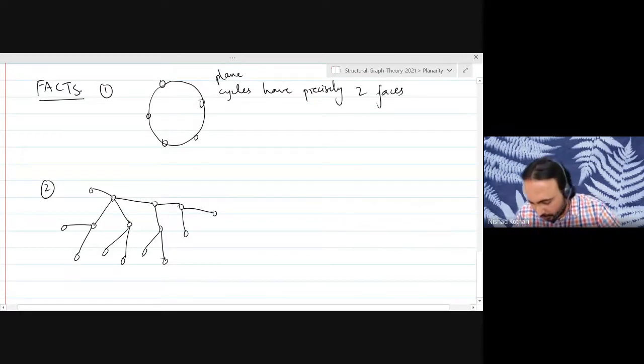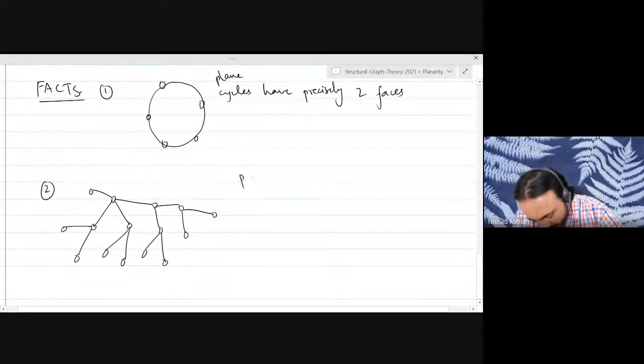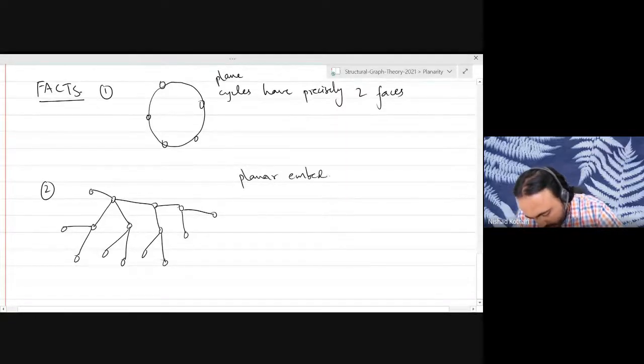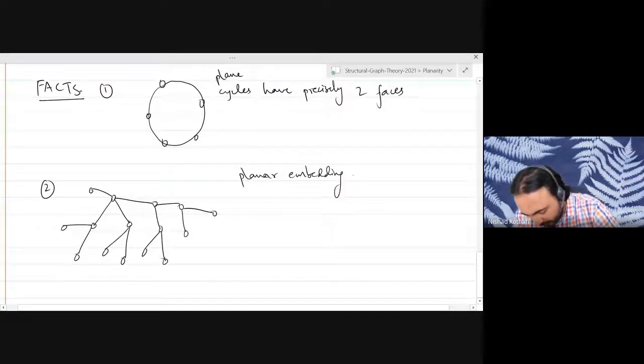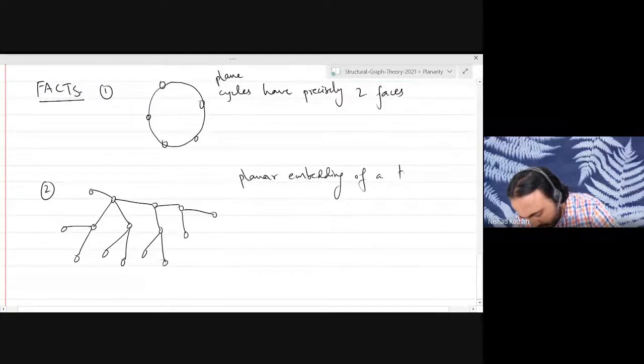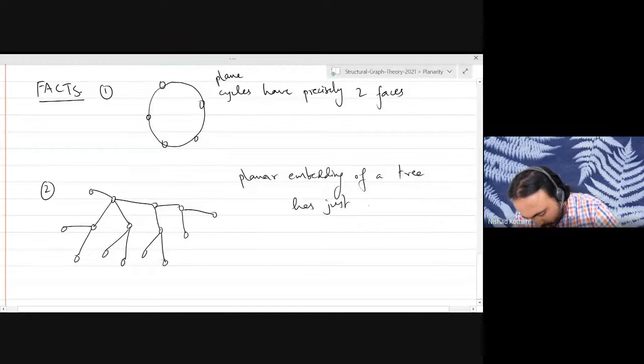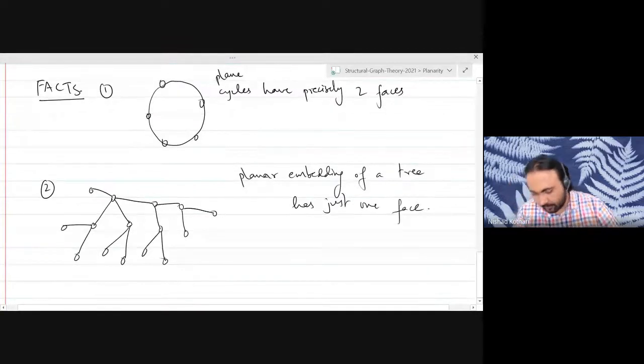But anyways, we won't write down the proof. We will just state it as a fact. Planar embedding of a tree has just one face.